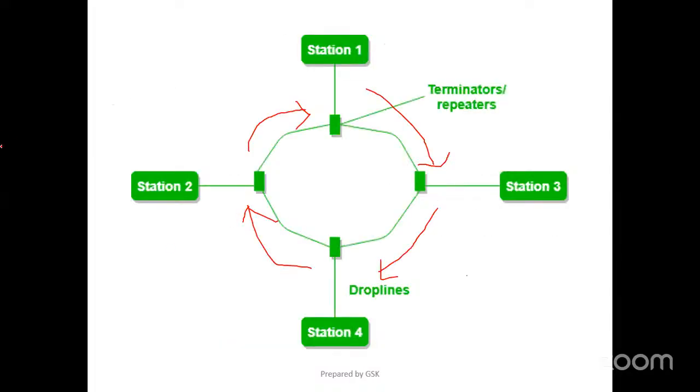For example, this is a ring topology with token passing; if it is a dual ring, the flow goes like this. So every device has data flow in two directions.